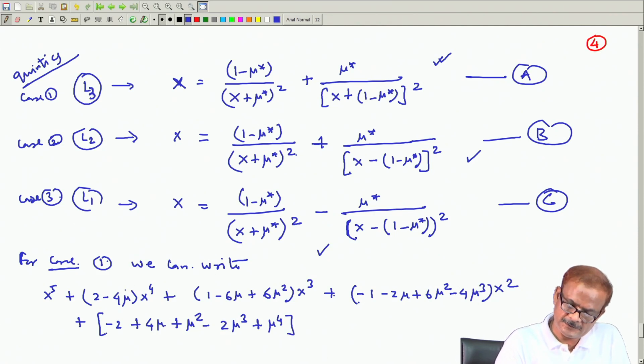These are all stars; I have not written the stars here, but it is indicating star.